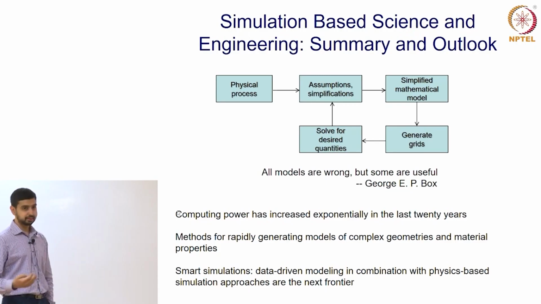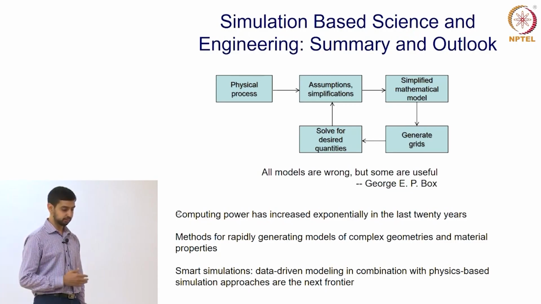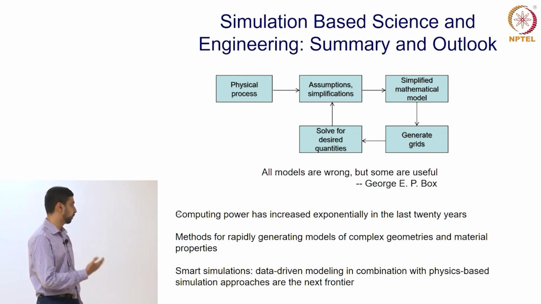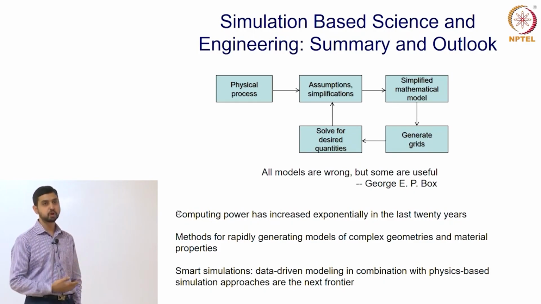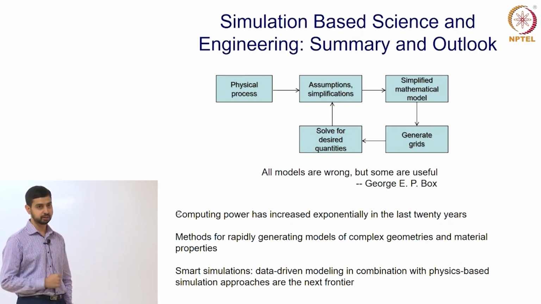And in the current world where increasingly we have more and more data available, we can couple these physics-based simulations with data-driven modeling approaches, and you may have smart simulations where your gridding may not be done manually, it can be done through some sort of a machine learning or a neural net approach.